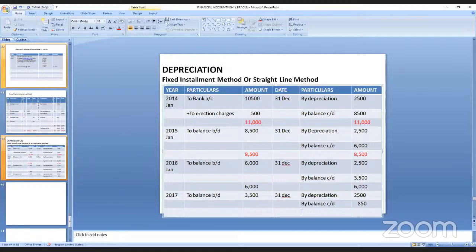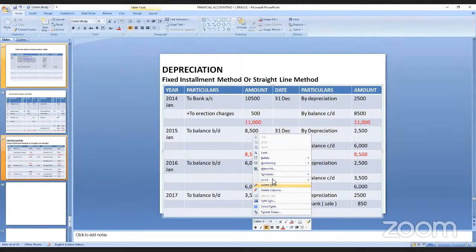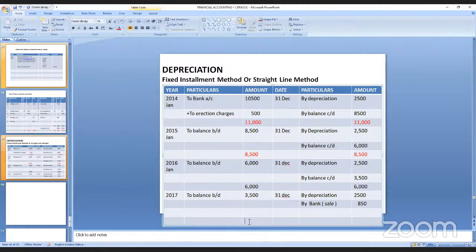Then this is not the balance brought down. It is bank. Bank in brackets, you must write sale of machine. Sale means you have sold it. So how much should you get here?